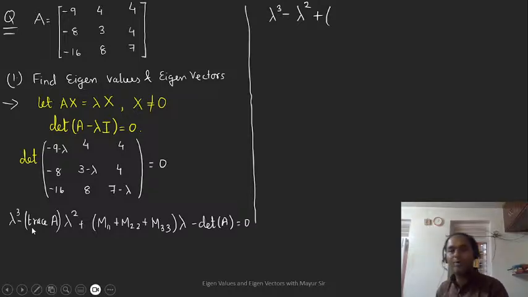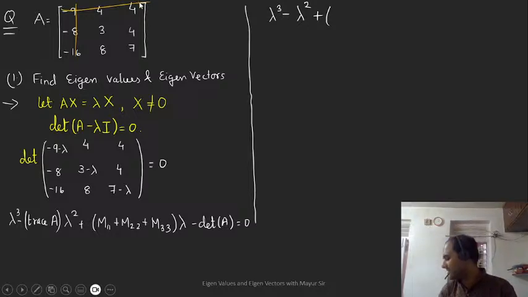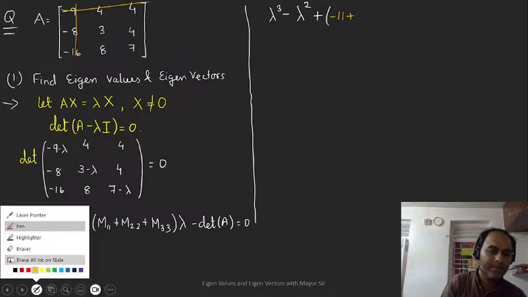So what is M11? M11 is obtained by deleting the first row and first column. What do you get? 7 threes are 21, 21 minus 32, which is minus 11. Next, M22 is obtained by deleting the second row and second column.